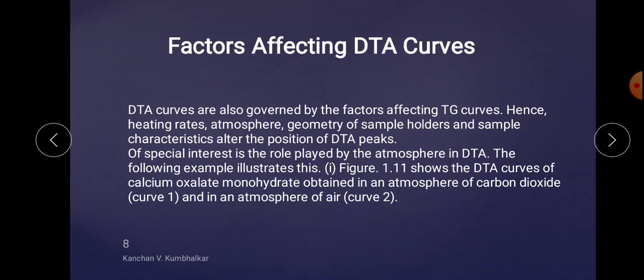Hence, the vapors formed below the compound layer are not ejected, and hence the appropriate weight loss is not observed. So a proper geometry of the sample holder is also important. And the last point is the sample characteristics, which alter the position of DTA peaks.